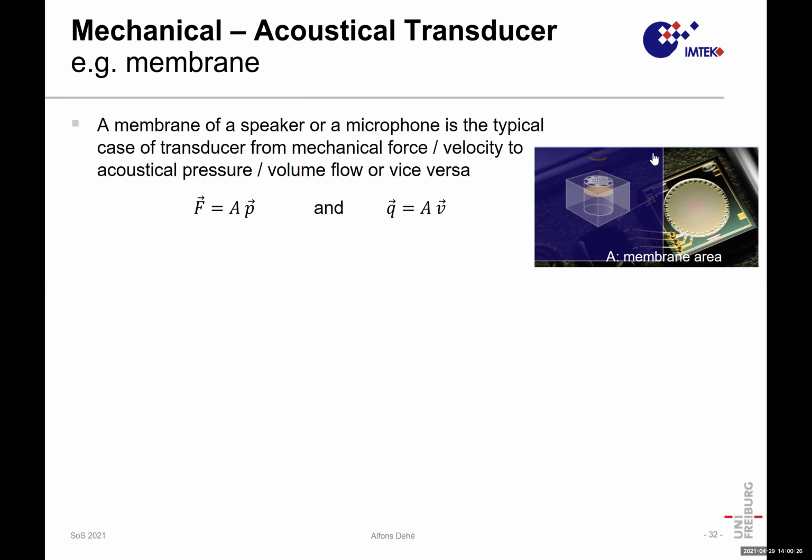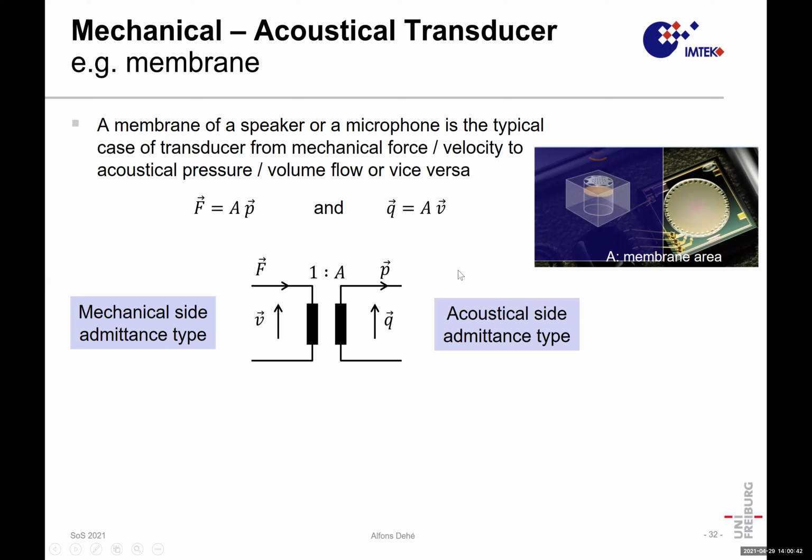mechanical acoustical transducers. On the one hand side, we have force equal area times pressure, and on the acoustical domain we have the flux equal area times the velocity. And if we want to describe this in electrical representation, we have a mechanical side in admittance type and an acoustical side in admittance type.